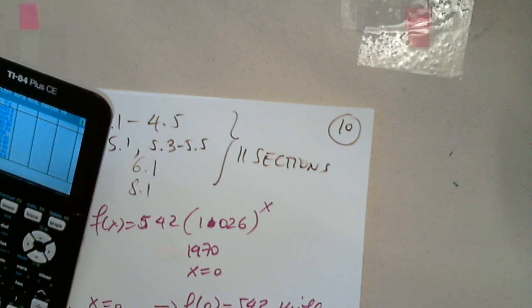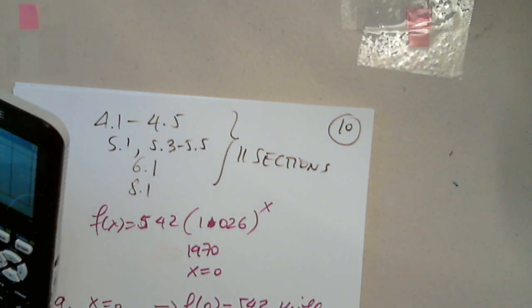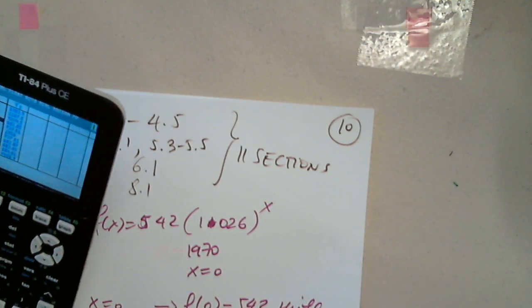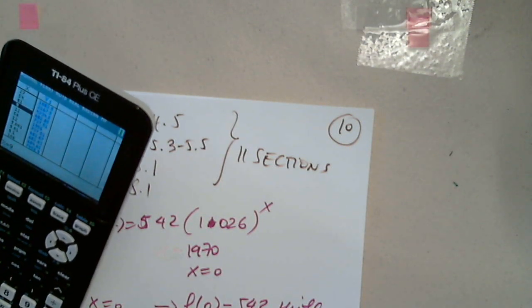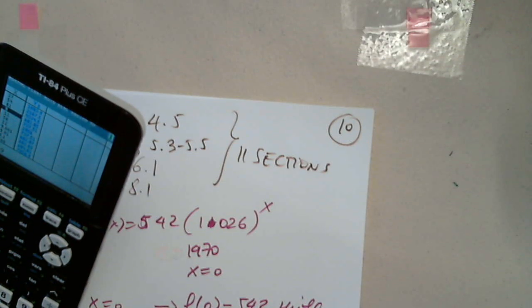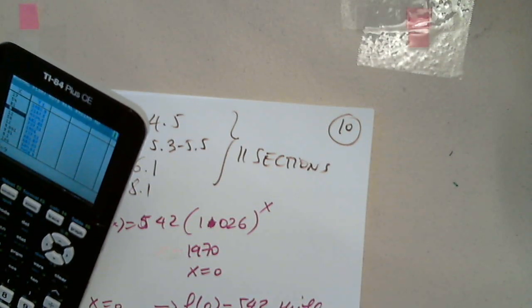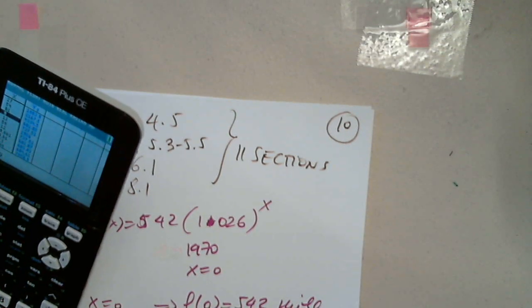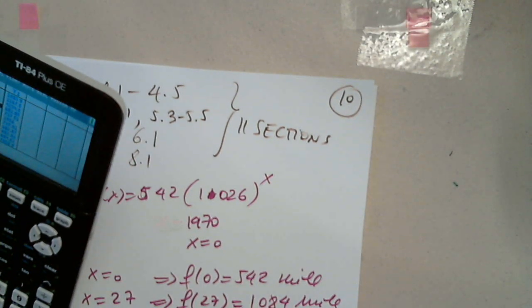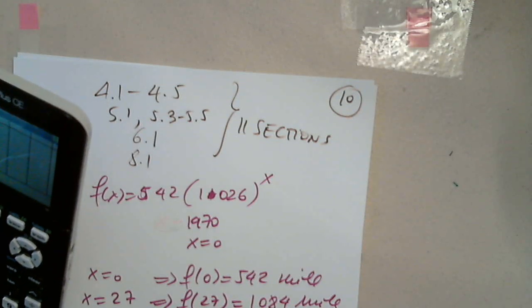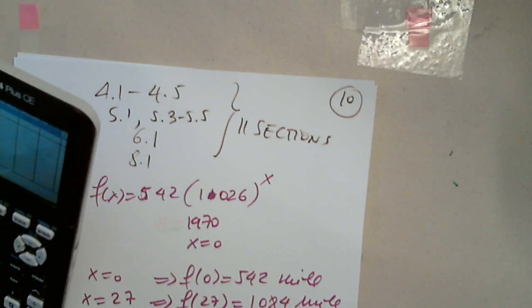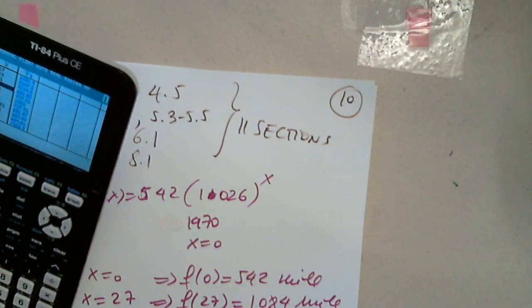F of 27, I got 1084 roughly. Then I get F of 54, 2168. And last one, F of 81 is 4335 mil.